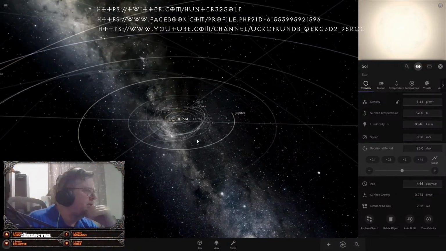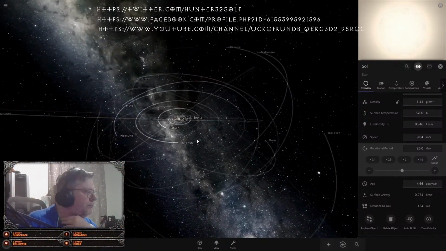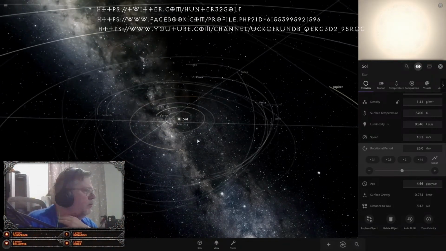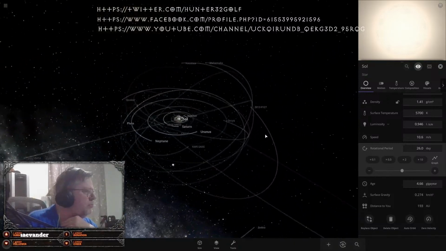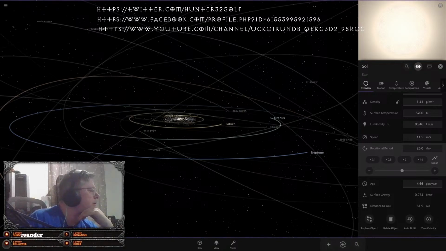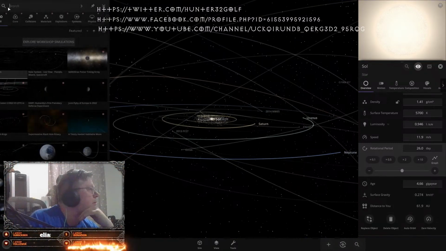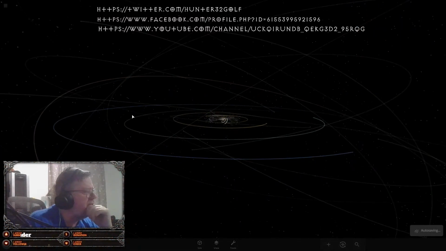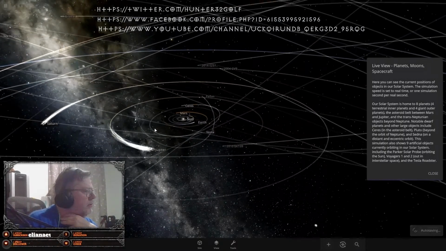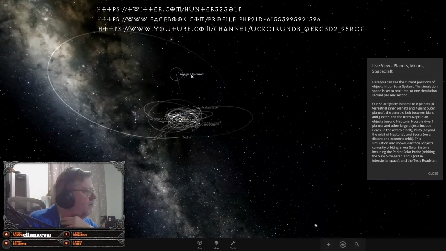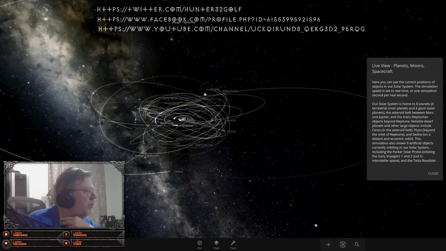We can zoom out. This is a different simulation. It's not as cluttered as mine. But I wanted to give one more zoom through. Let's see, there's other simulations here. Well, this one is a different version. This one has almost everything. Right, it's got Voyager 1, Voyager 2.